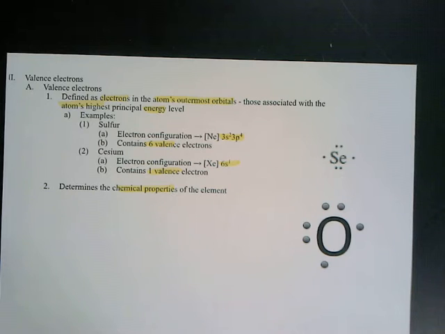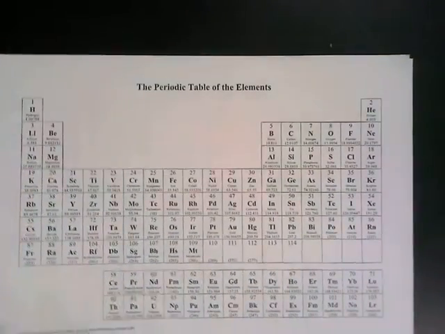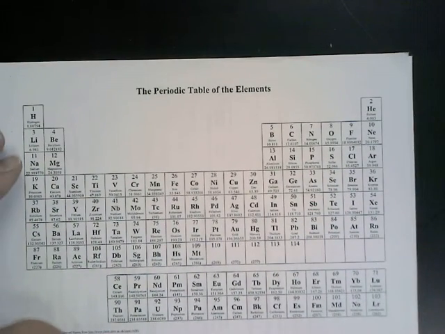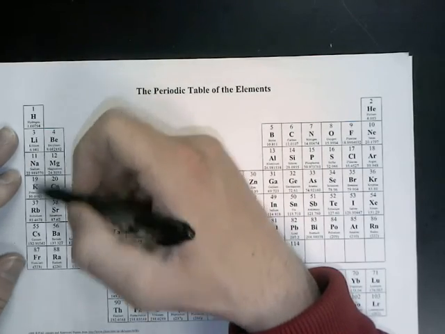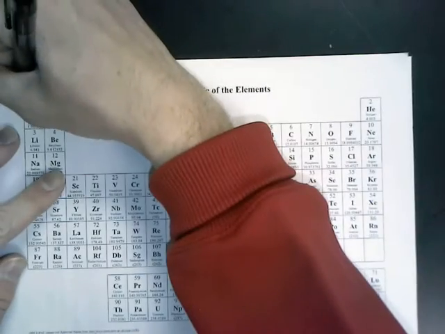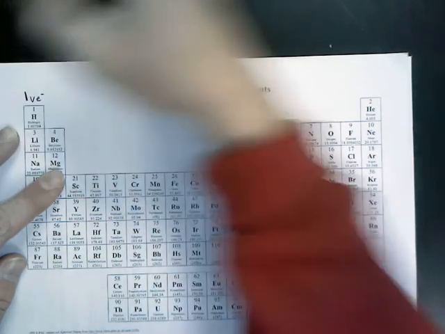So what we have developed, and what's really nice about our periodic table, is it's set up so we can find our valence electrons for our representative elements. In our first column here, with hydrogen all the way down to francium, we have 1 valence electron.